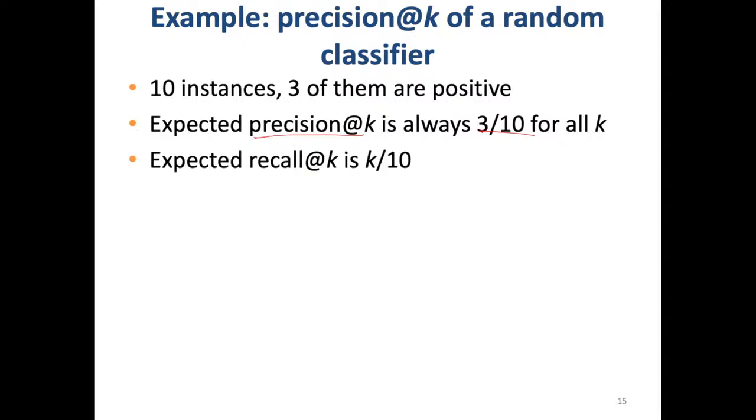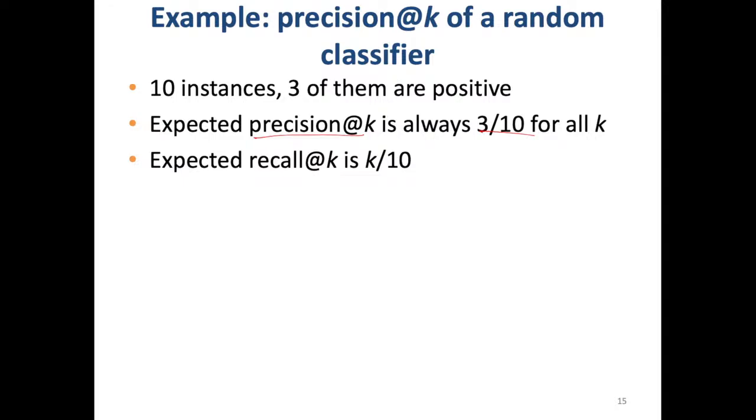How about recall? The expected recall is proportional to k, right? Because the definition of recall is, out of all the positive classes, how many of them are indeed identified.